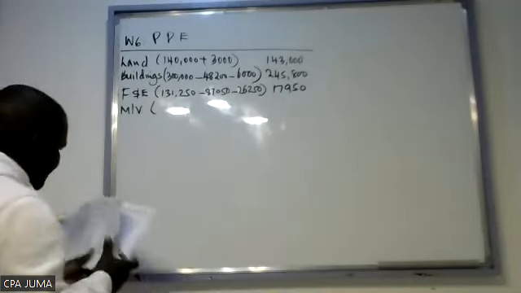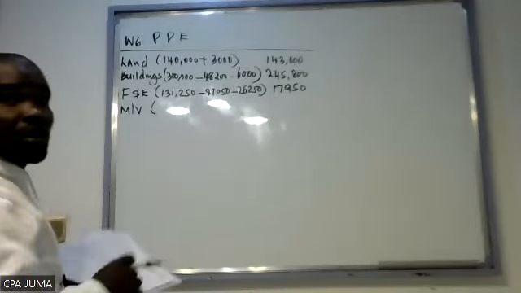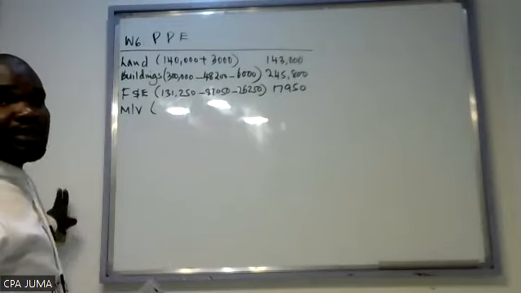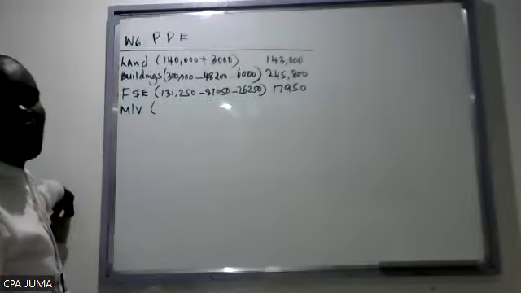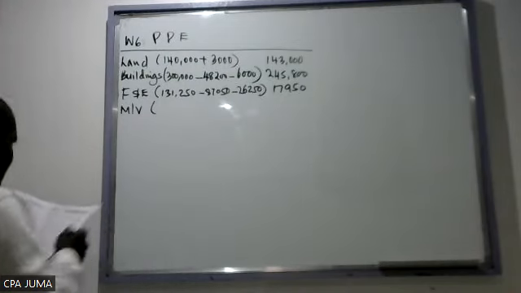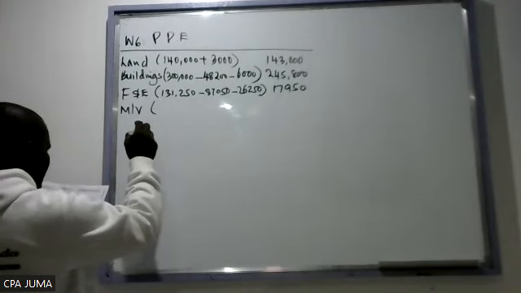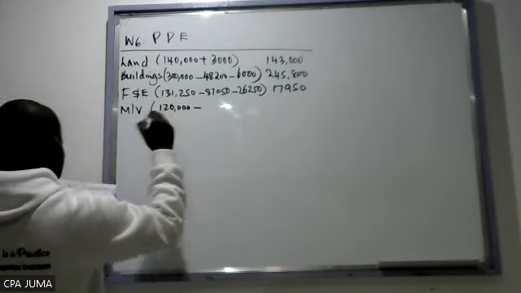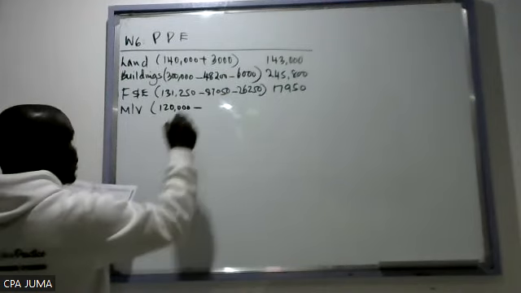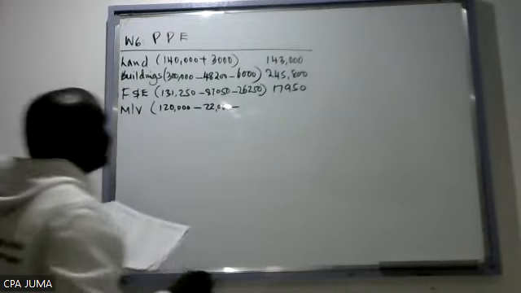Motor vehicle. Let's be keen. Motor vehicle is there, so I have to work on it. So motor vehicle is 120 minus accumulated 22, minus this year.